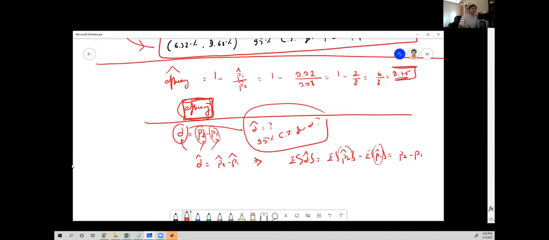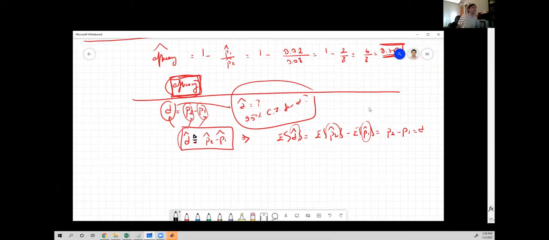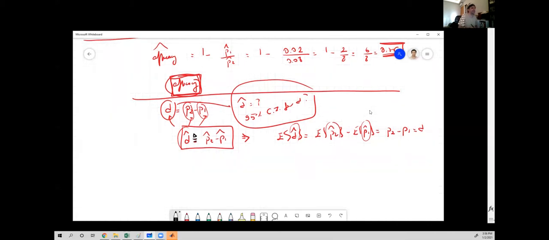Therefore, the expected value of D hat is equal to P2 minus P1, which is exactly equal to D. So it's a good thing that using D hat in this form, it may seem very obvious to you, but it is not actually. This seems to be a nice statistic, at least in terms of unbiasedness. Well, the next thing is, if I'm going to use this one, I need to find the variance of D hat. Let's do it.